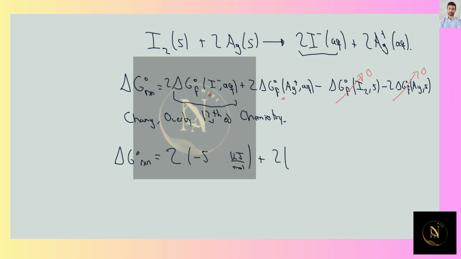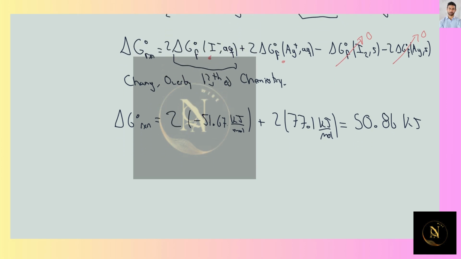It should be minus 51.67 kilojoules per mole. And for silver plus, the standard Gibbs free energy of formation is 77.1 kilojoules per mole, which gives us a free energy of reaction of 50.86 kilojoules.